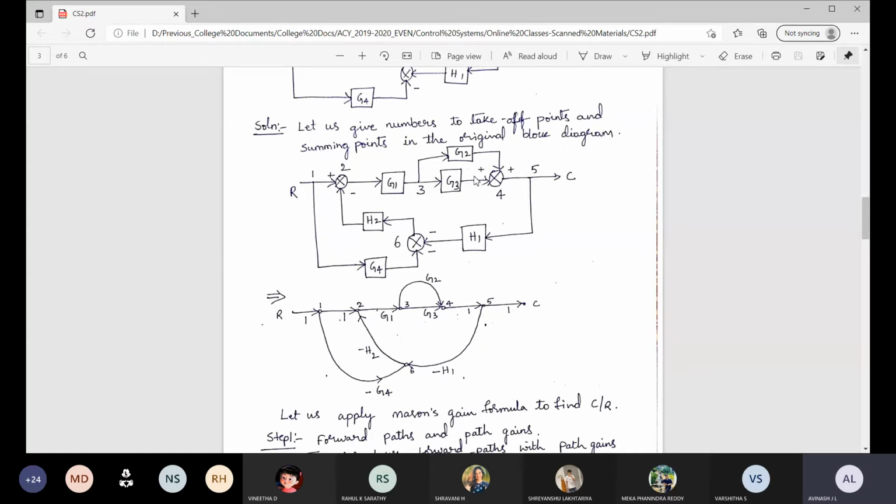What are the ways I can go? Only one way, sir. Are you sure? Which is that way? G1, G3. You are telling that from R it is 1 into 1 into G1 into G3 into 1 into 1, correct? Yes, sir.